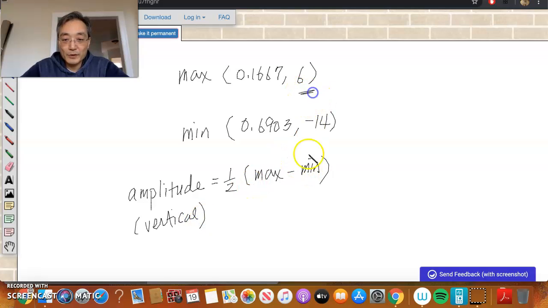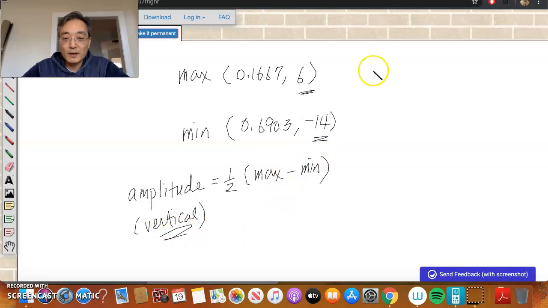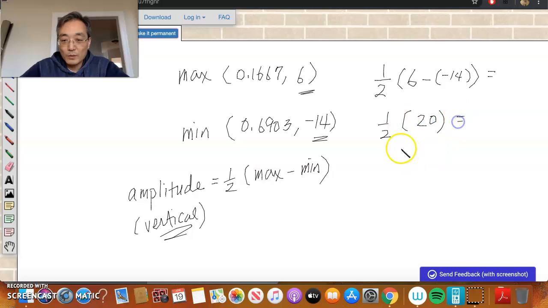So we're only going to use the y coordinates because we're looking at vertical distance. So 1/2 of 6 minus -14 gives us 1/2 of 20, which finally gives us 10. That is our amplitude for this function, and that is the correct answer.